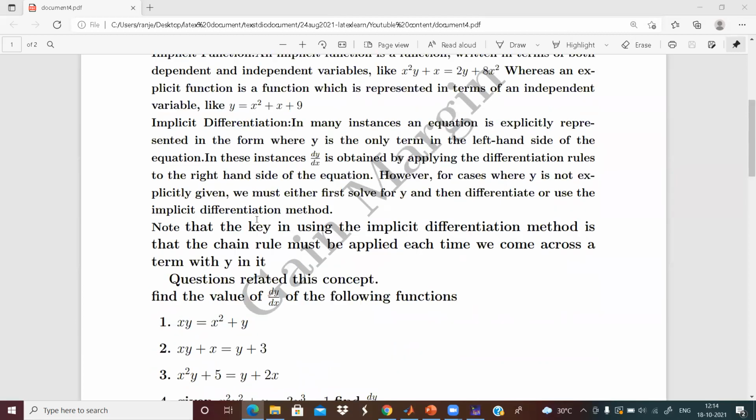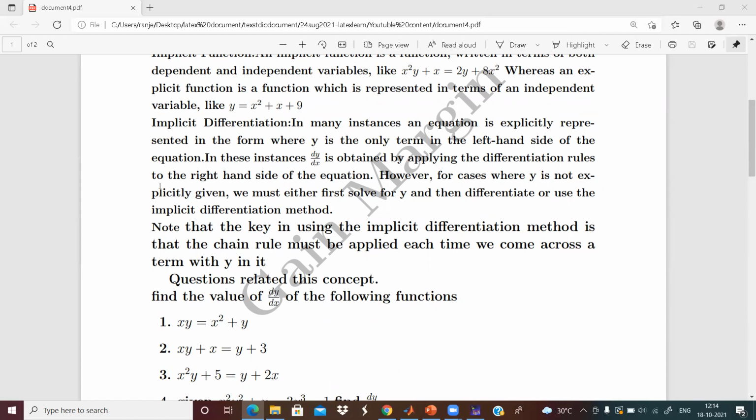So how to deal with the implicit differentiation method? In many instances, an equation is explicitly represented in the form where y is the only term on the left hand side of the equation. In these examples, dy by dx is obtained by applying the differentiation rules to the right hand side of the equation.